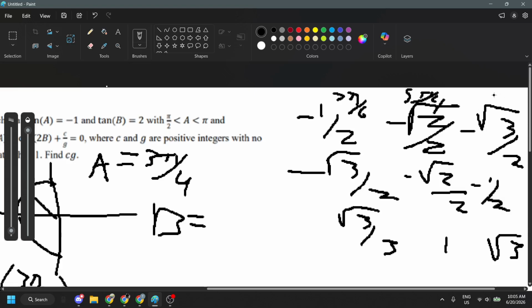Then here it's going to be 4 pi over 3, or 8 pi over 6.